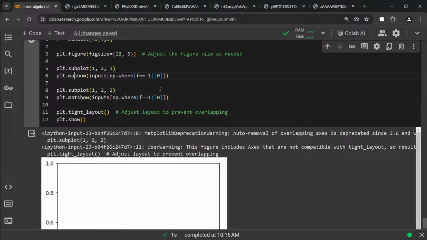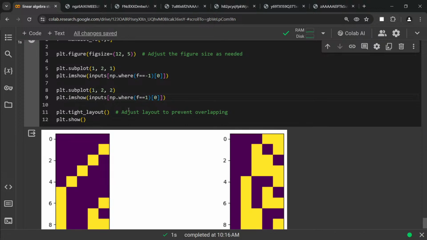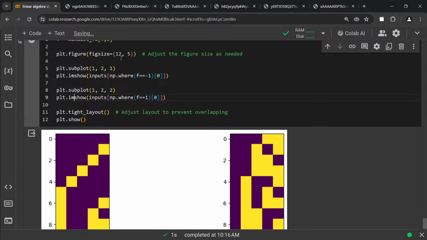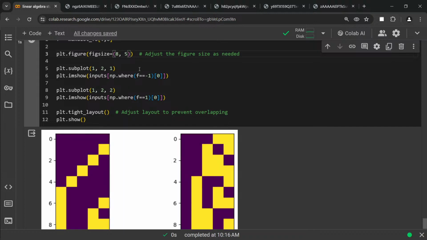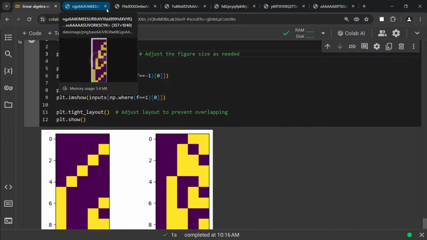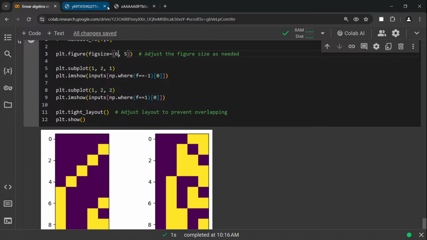One row, two columns. Do this. Nice. Yeah, it doesn't like match show for some reason. For reasons we will never understand. Okay, so yeah.